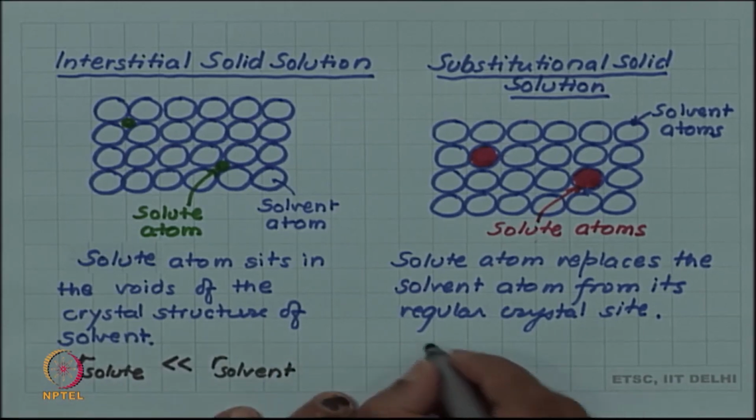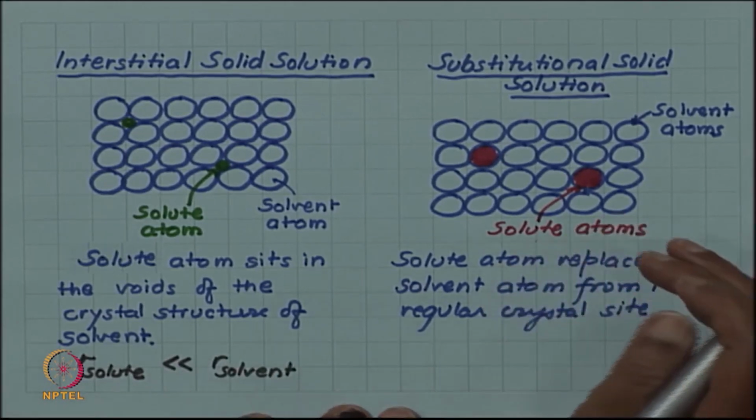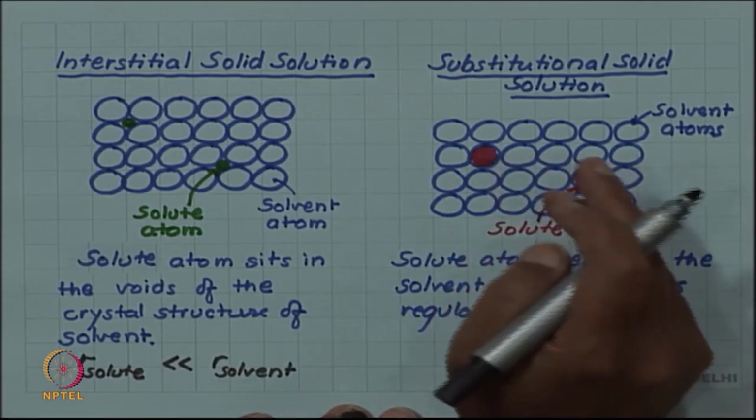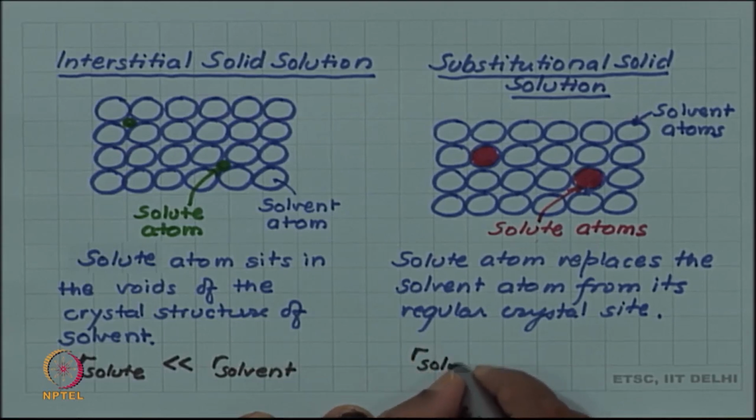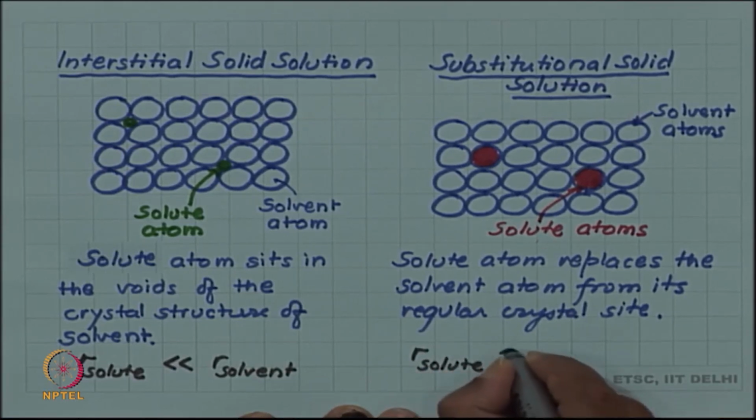Whereas, in this case you can see, because the solute has to substitute the solvent at the same site, they are of comparable size. So, the solute atom and the solvent atom should be of comparable size.